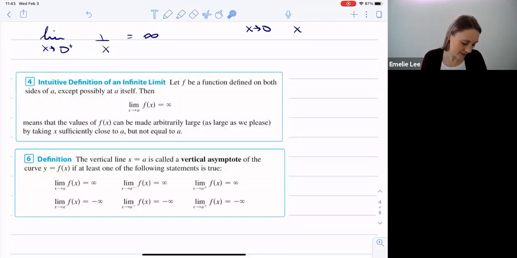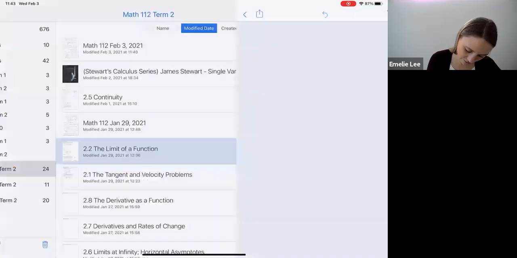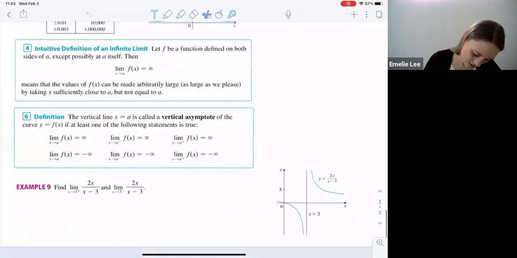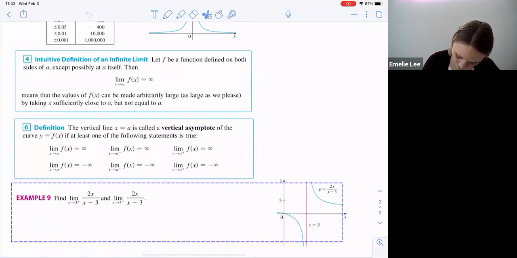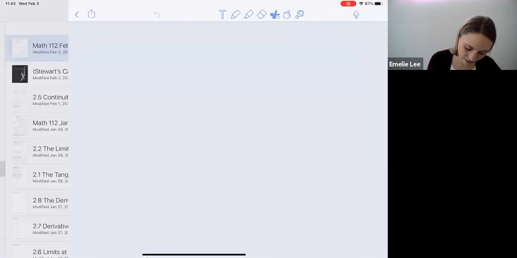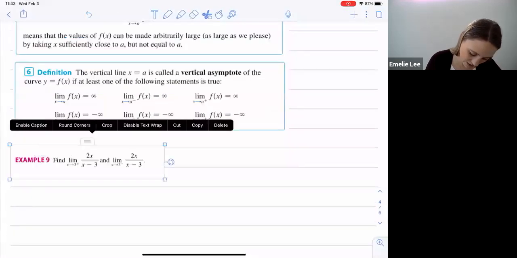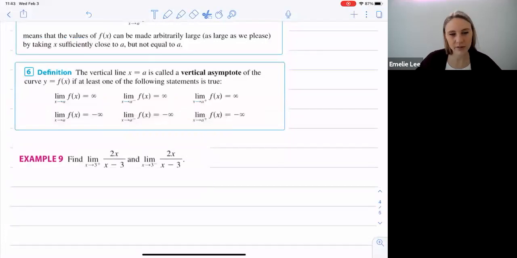So let's do an example using this stuff. I included the graph just so we can look at it, if you want to.